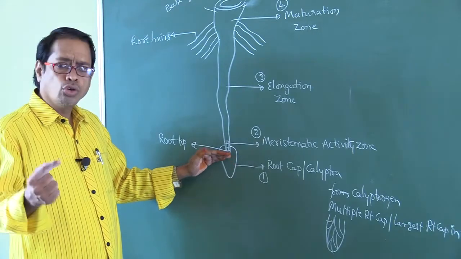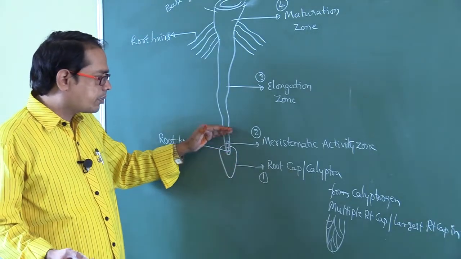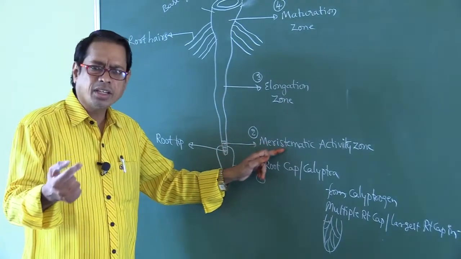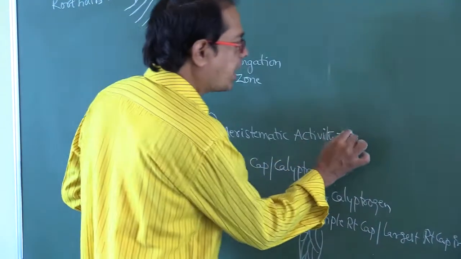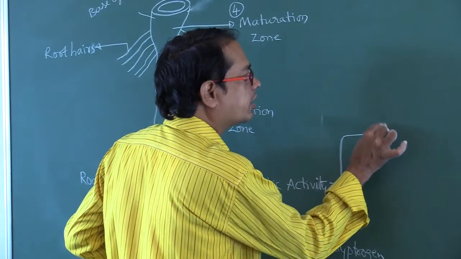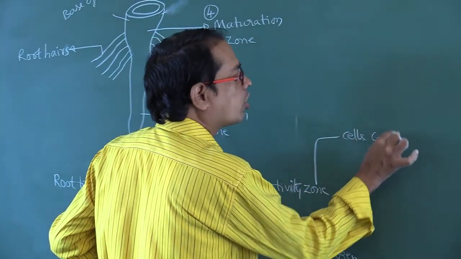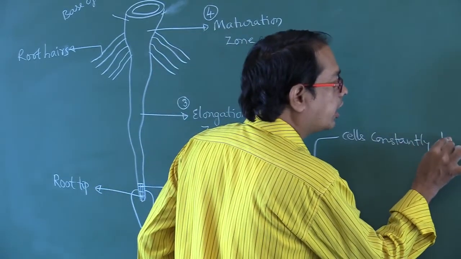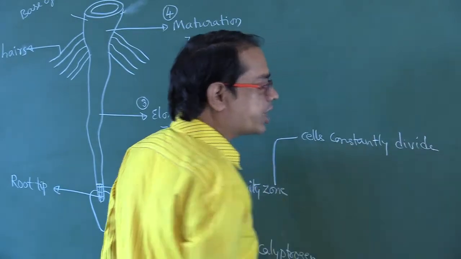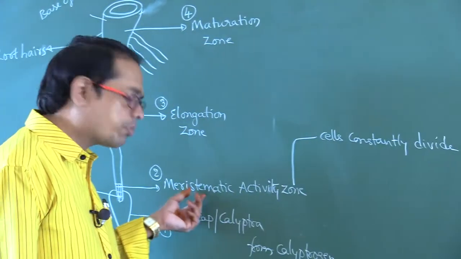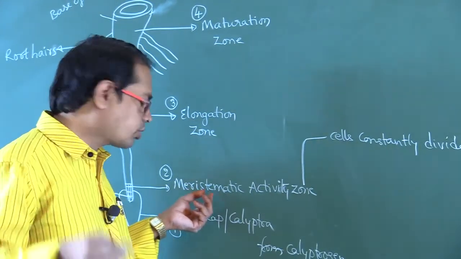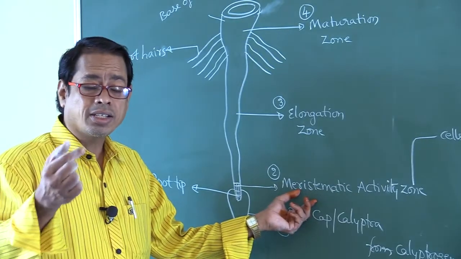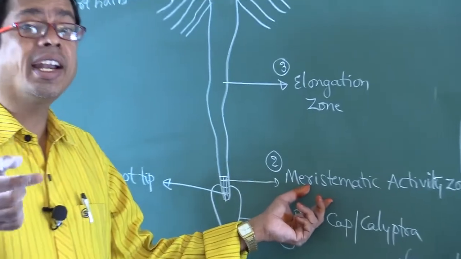Next, a few millimeters above the root cap is called meristematic zone. Meristem, what does it mean? Meristematic zone means cells constantly divide. Meristem means cells continuously divide, that is why it is called meristem. So meristematic zone contains meristematic cells which undergo repeated cell division.